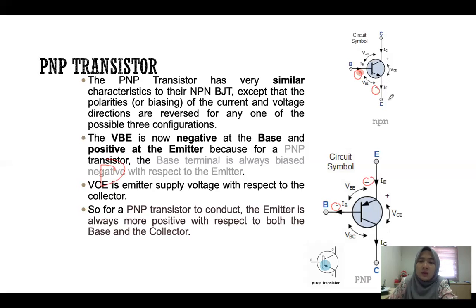But for this one, since the arrow is pointing in, the current is like this. So for the PNP, the emitter is always more positive with respect to both base and collector.